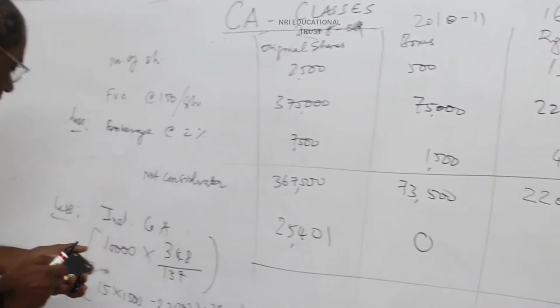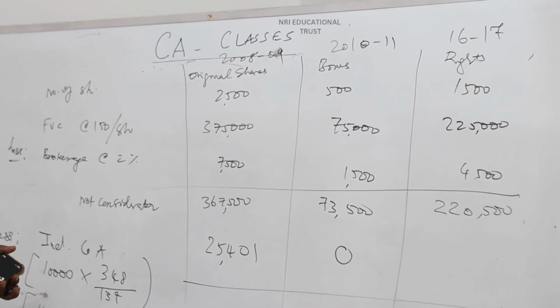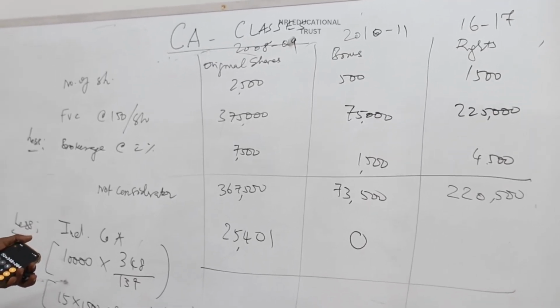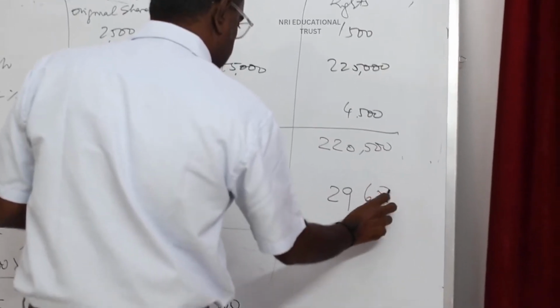In the third case, 22,500 multiplied by 348 divided by 264 is giving me 29,659.